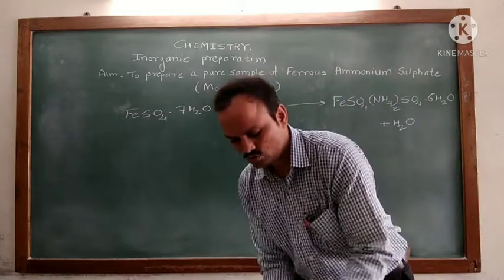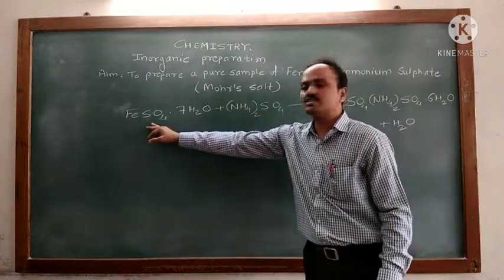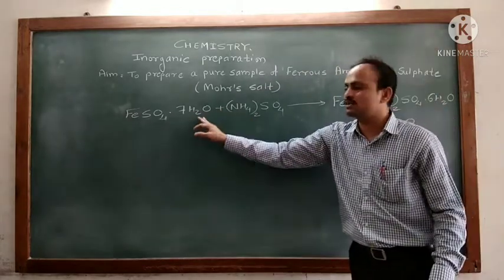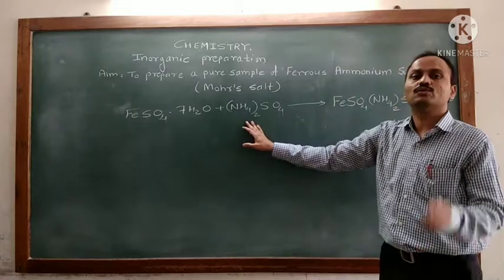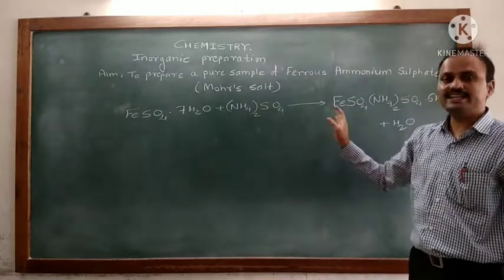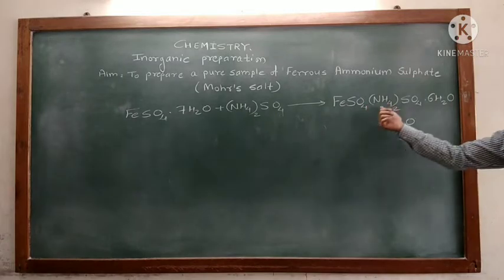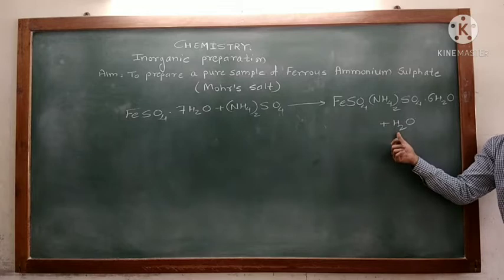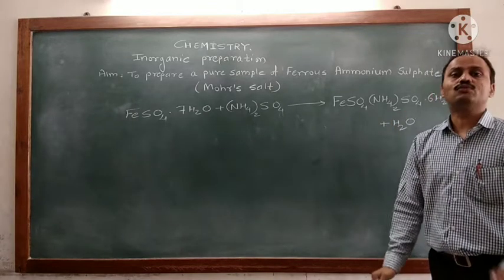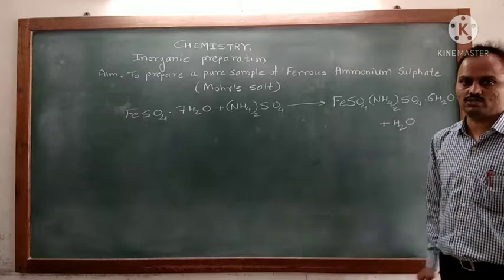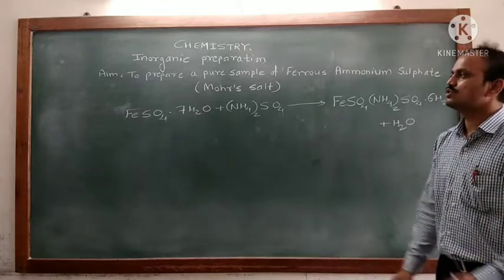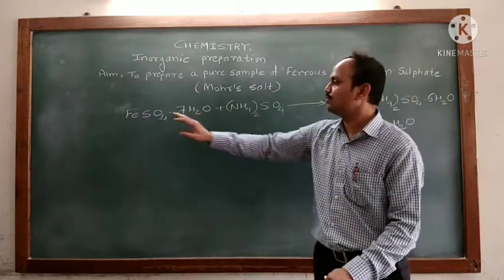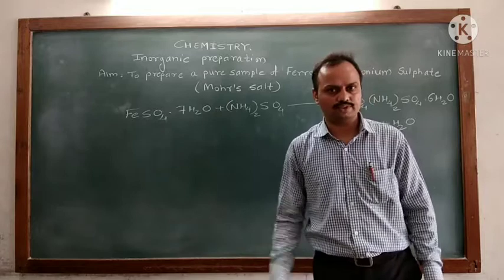Means, students, we have ferrous sulfate with 7 molecules of water and ammonium sulfate. When we mix them and on heating, what do we get? Ferrous ammonium sulfate with 6 molecules of water, and 1 water molecule will go away in the form of vapors. Evaporation will take place, so heating is also there in this experiment. So, preparation of a pure sample of ferrous ammonium sulfate with the help of ferrous sulfate and ammonium sulfate.